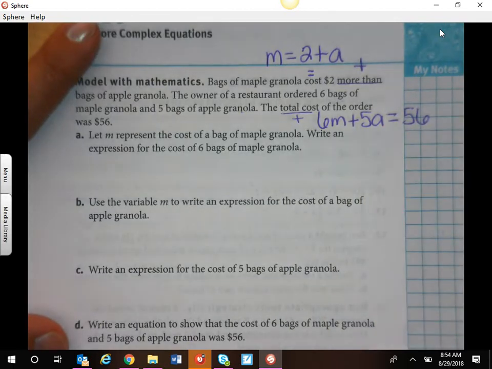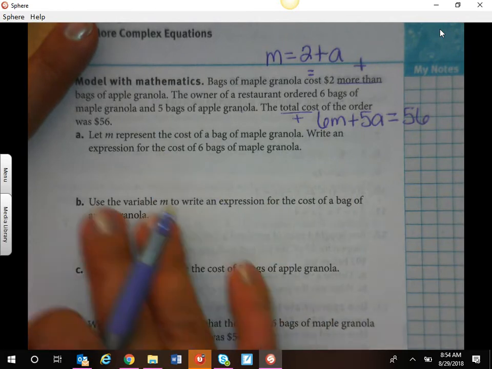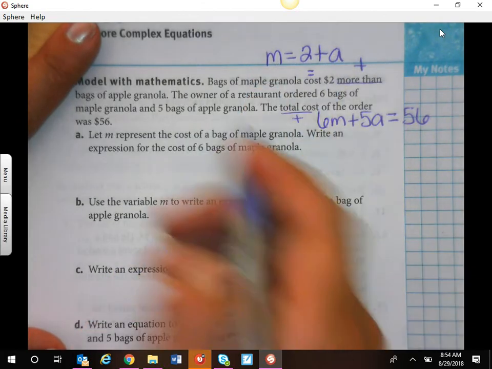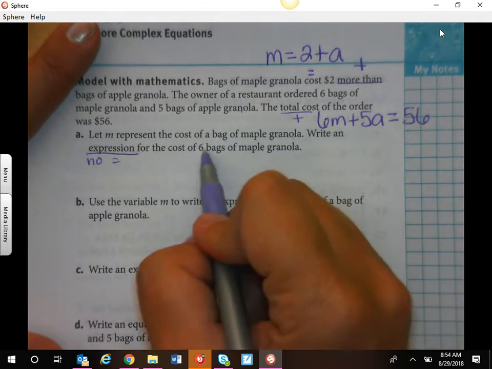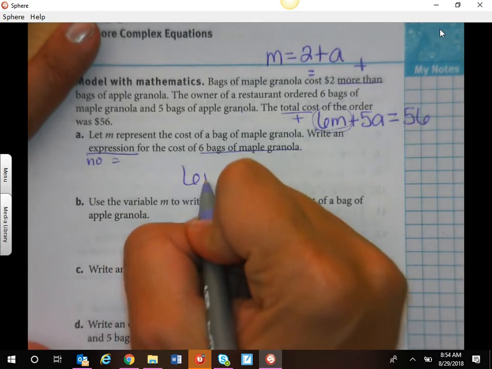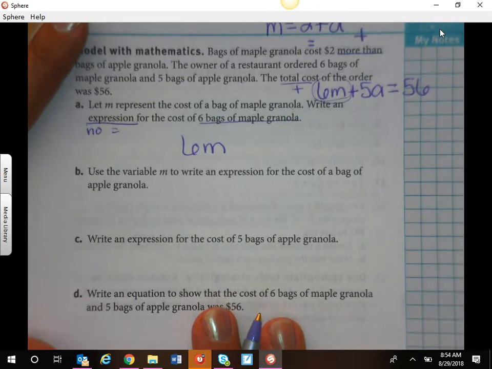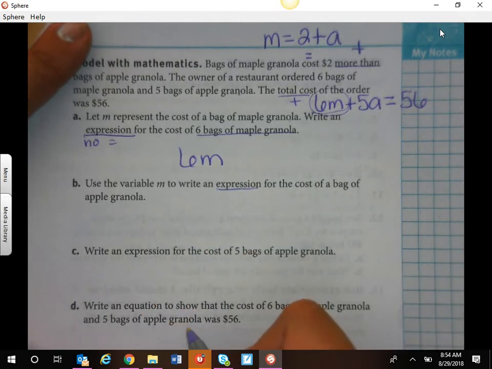So here are my 2 separate equations, and then we're going to do some different things with this. M is the cost of maple. Okay, we use M. Write an expression. Remember, this is no equal sign. For the cost of 6 bags of maple. Well, we did that right here. 6 maples, 6M. Use the variable M to write, again, an expression, no equals, for the cost of a bag of apple.